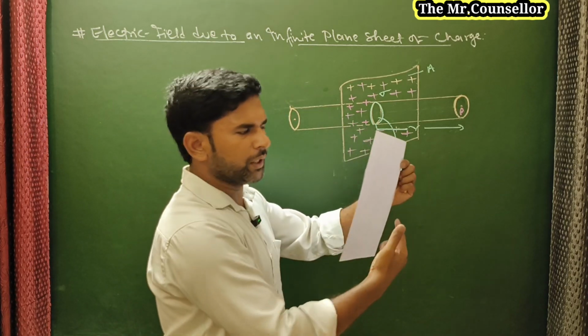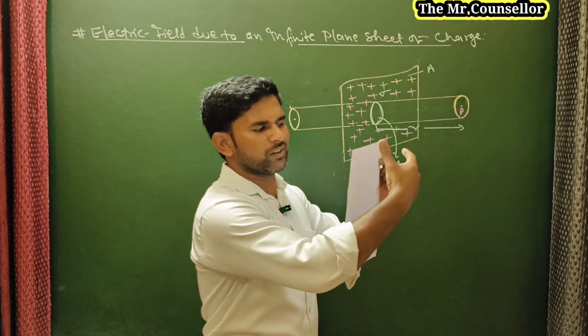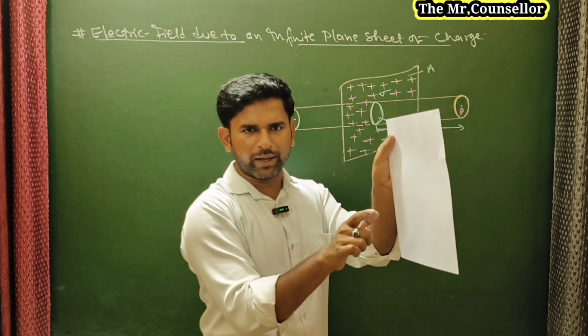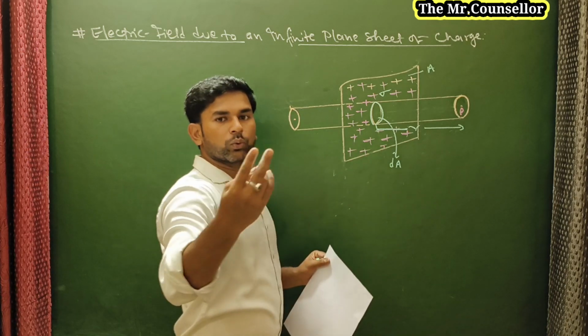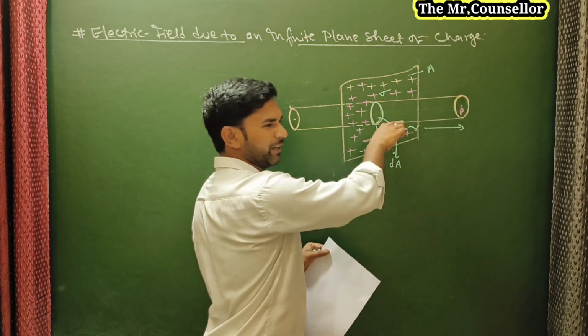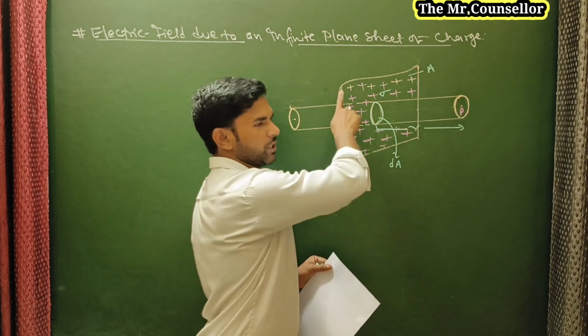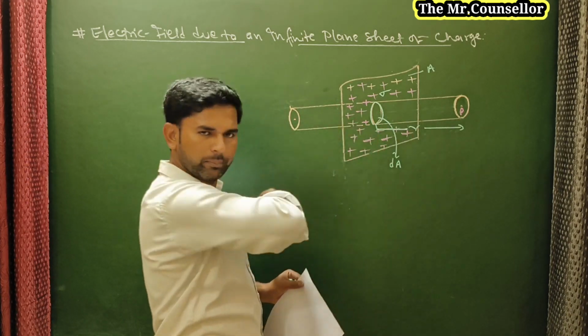Similarly, we consider the back of the sheet also. So this is the front, and this is the back. They are the two faces of this sheet, the front face and the back face.